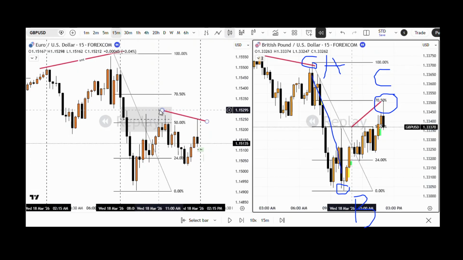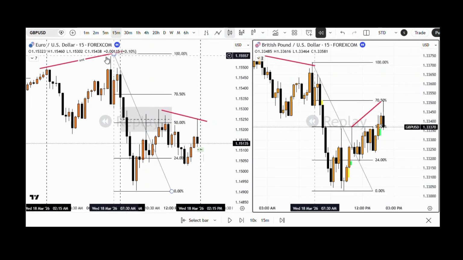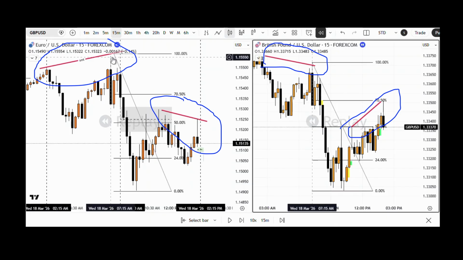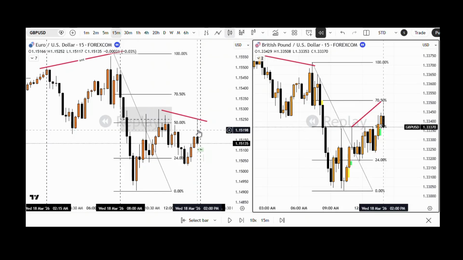So if the euro is going down, my expectation is this makes a lower SMT based on this SMT. This made a higher SMT, so I expect the next SMT to be lower. Again, this is something I just assume, that you have seen happen. I've seen this happen over and over again, so I just assume that's what's going to happen. It's not part of the two steps.